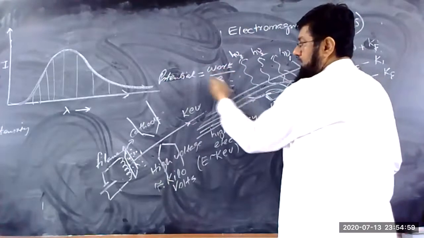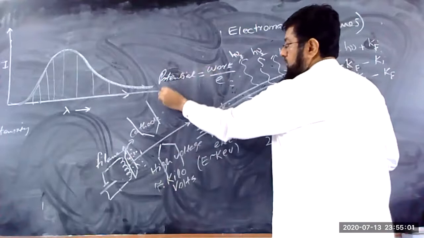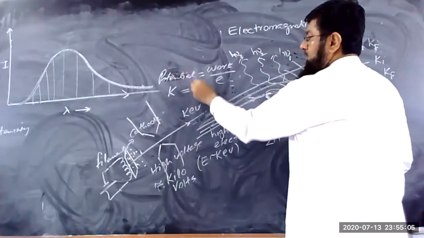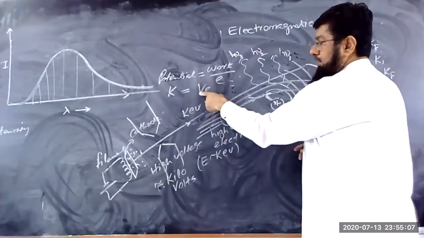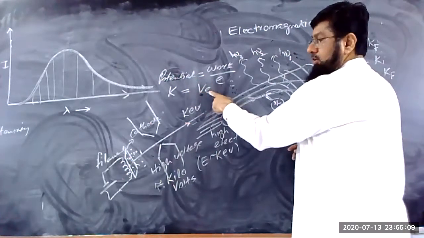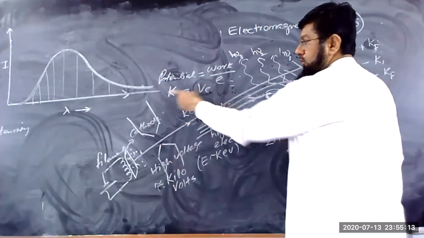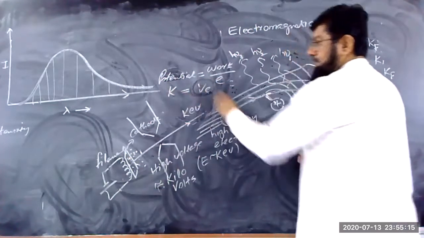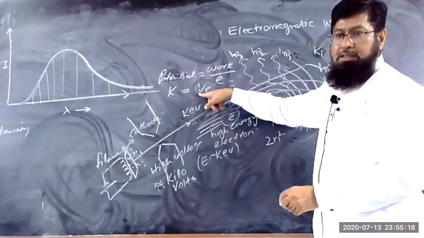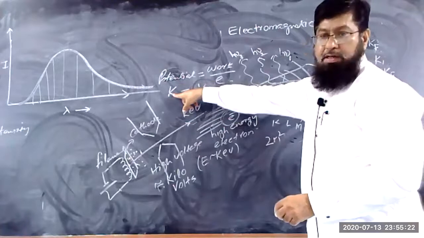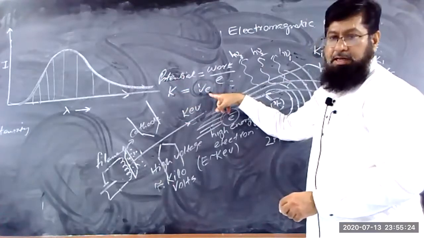So kinetic energy K is equal to the potential V into charge, the voltage into electron charge. So we say that this energy is in electron volts. If this voltage is in kilovolts, thousands of volts, then the energy of the electron will be thousands of electron volts.